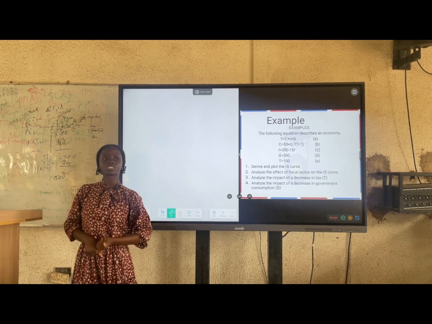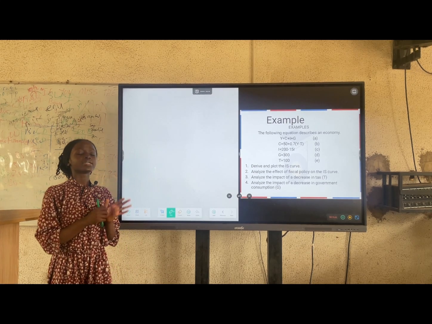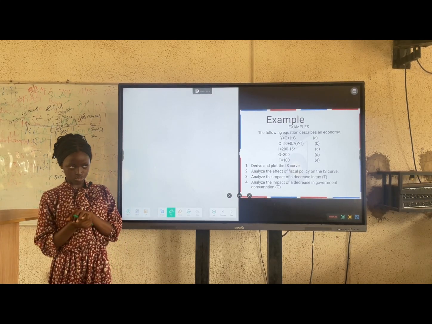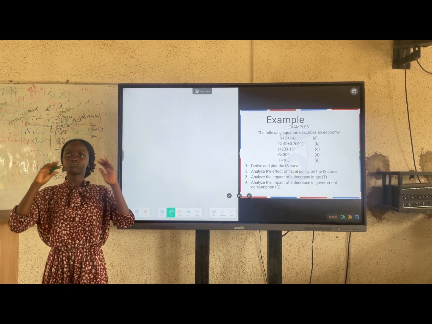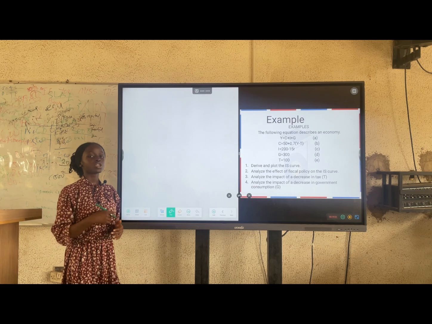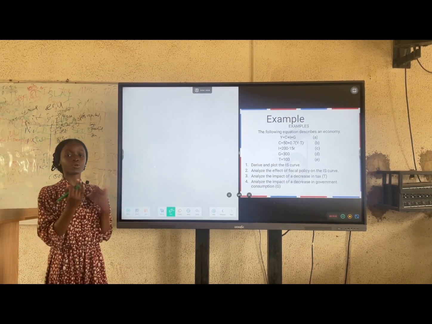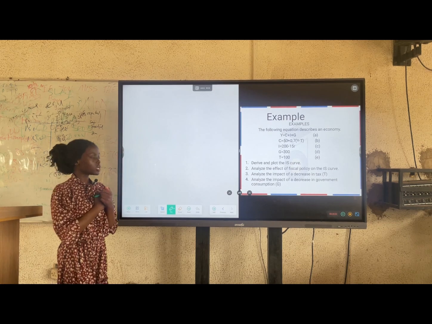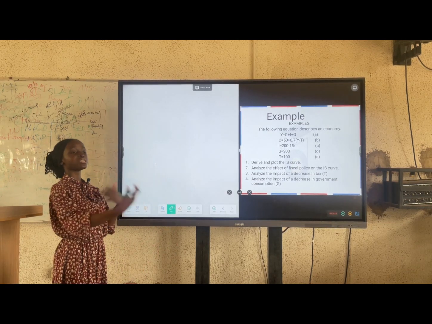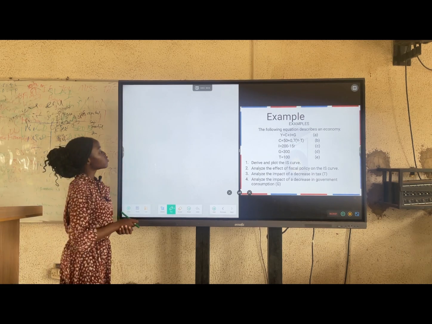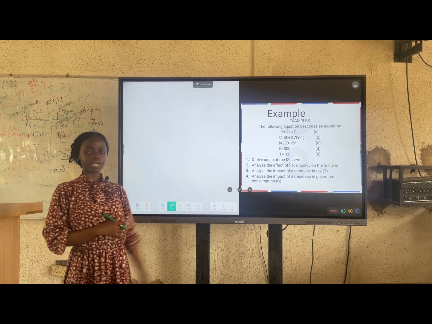Under fiscal policy, we have two variables: the tax and government expenditure. When there's a high level of inflation in the economy, the government will increase its tax rates in order to withdraw money from the economy. When there is a low level of inflation, the government spends more into the economy.